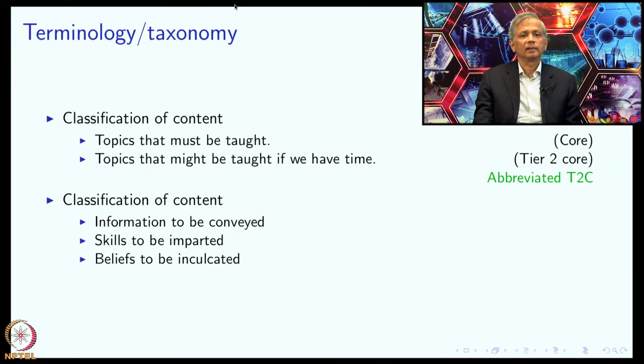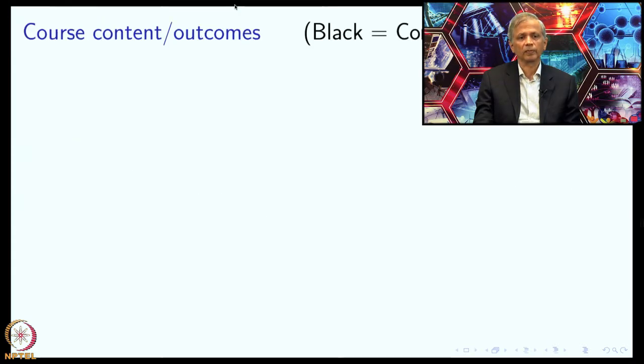And while you do this, some beliefs have to be inculcated. So the student must come out of the course with sort of a changed mental attitude as well. In what way should the mental attitude be changed? This is also something that we should have in mind when we design the course.